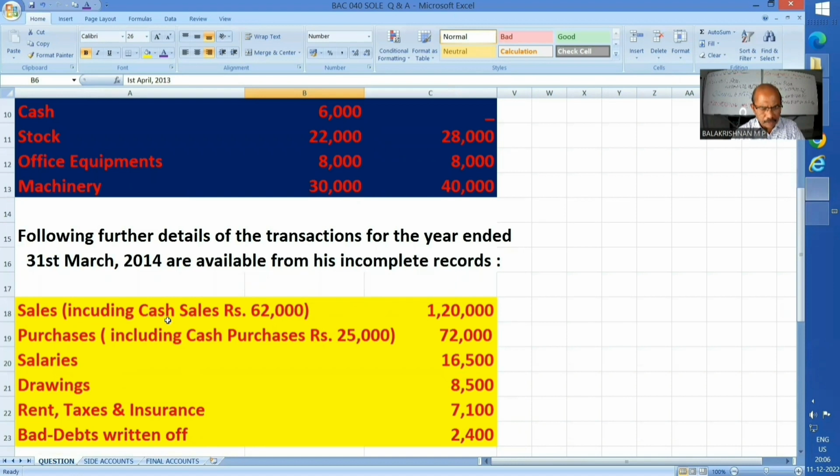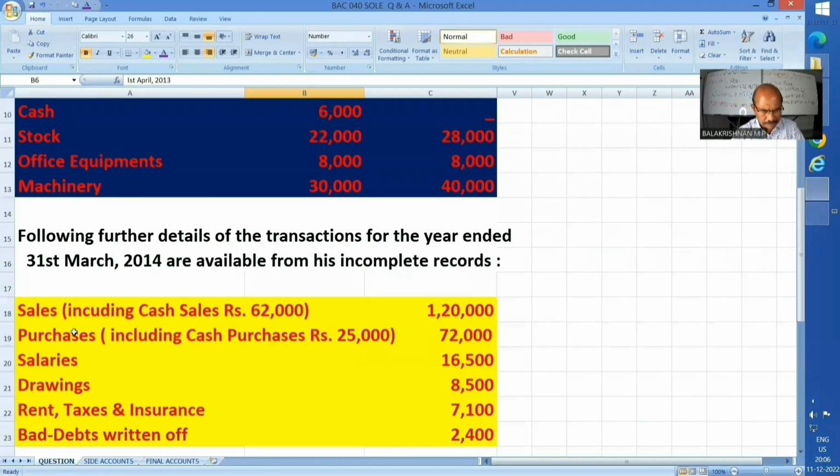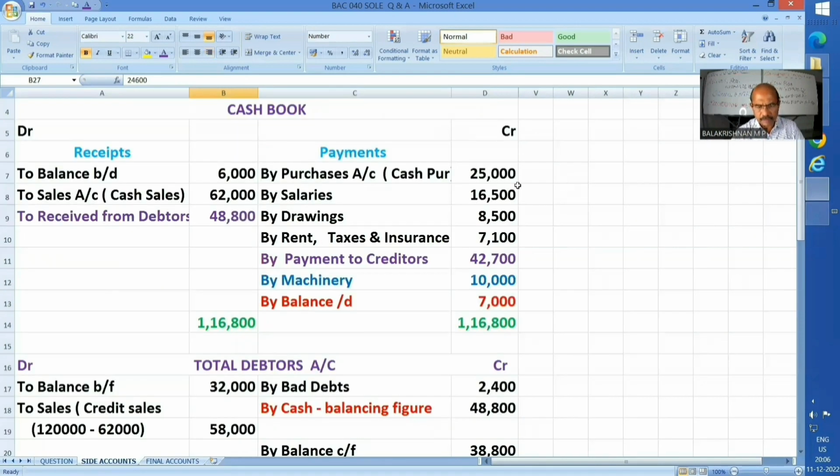Sales, including cash sales, 62,000. So the cash part, okay, 62,000. Sales, cash sales 62,000. Now, again, purchases, including cash purchases. So the cash part, 25,000. Payment for purchases, cash purchase, 25,000.